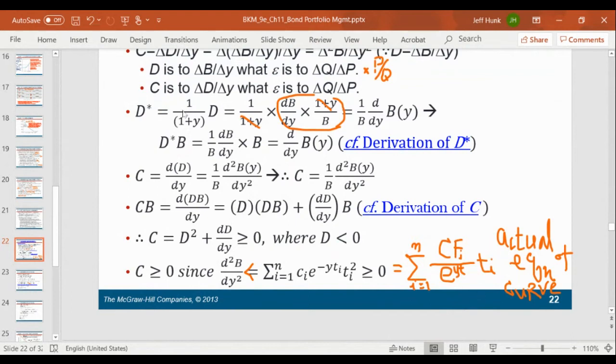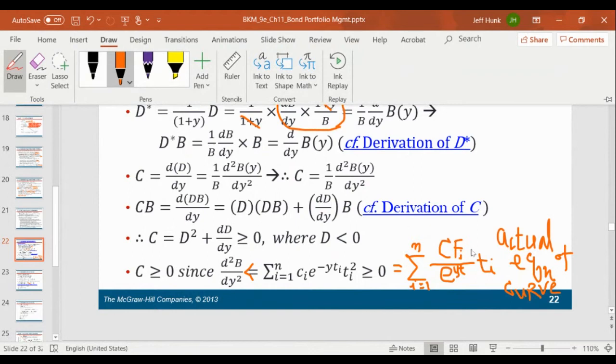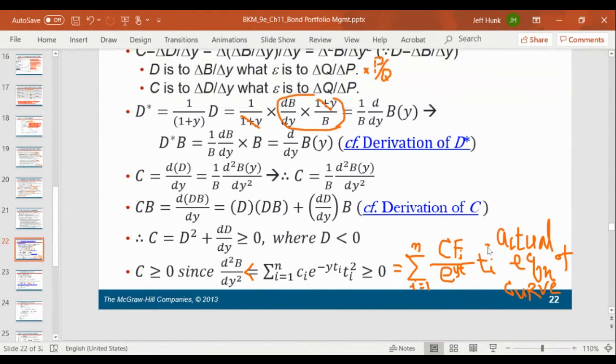Okay, I forgot. Okay, squared here, because now, if you take, as I said, because convexity is the second derivative, it will become this.